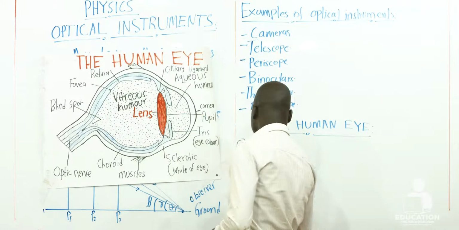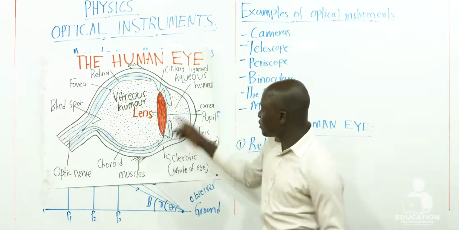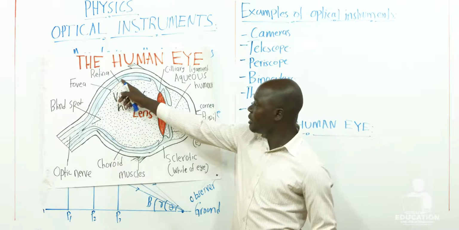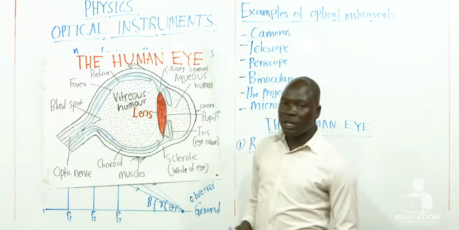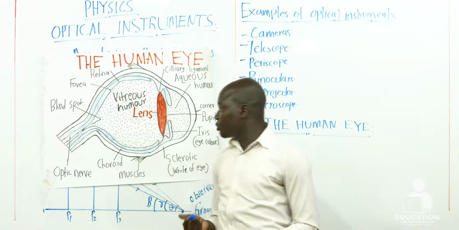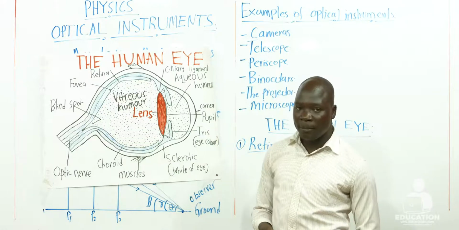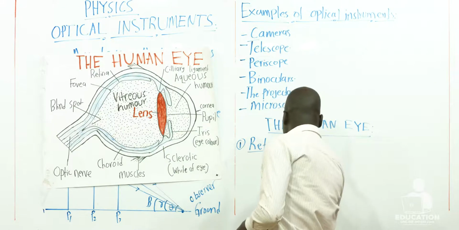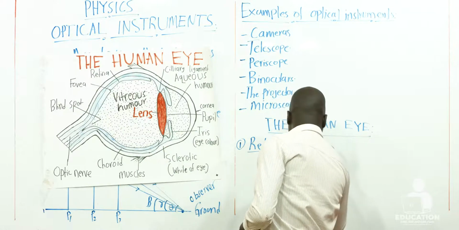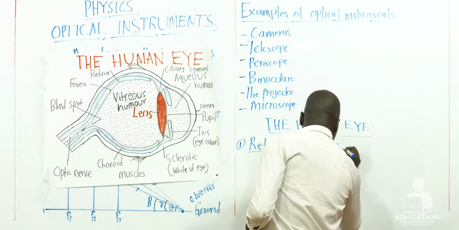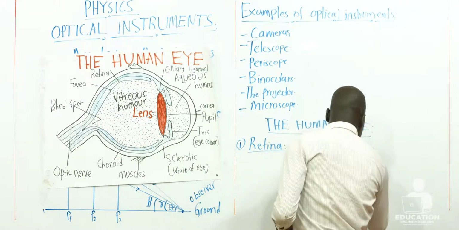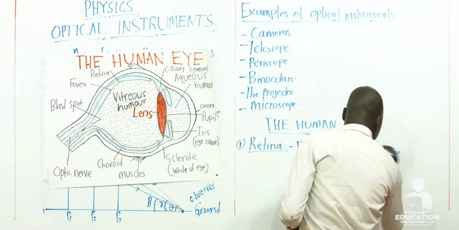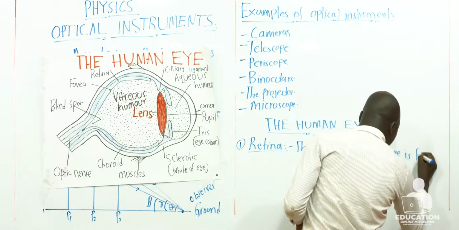The retina. Now, looking at this structure of the eye, this is what we call the retina. Dear learners, what is the function of the retina in the human eye? The retina is where the image is formed.